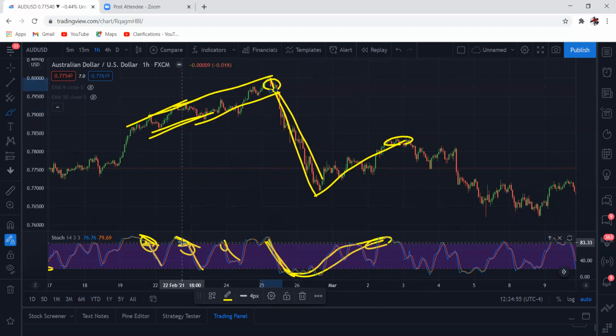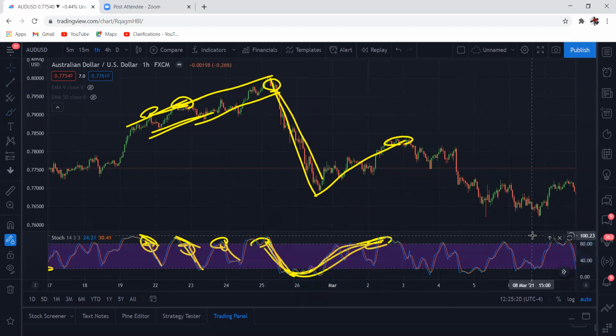Because clearly when this was dropping, it wasn't breaking the previous, right? When it was in that overbought territory, see that? So when this broke down, it finally broke all these previous overbought territories. So now all I'm waiting for is when price gets into overbought again, above the 80, right?